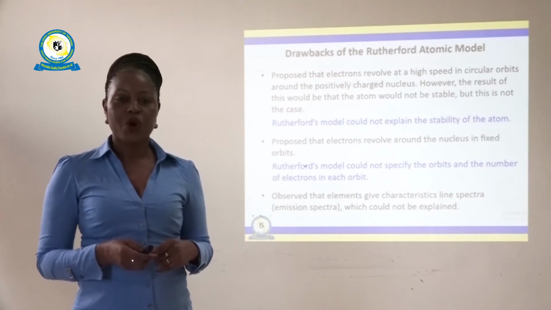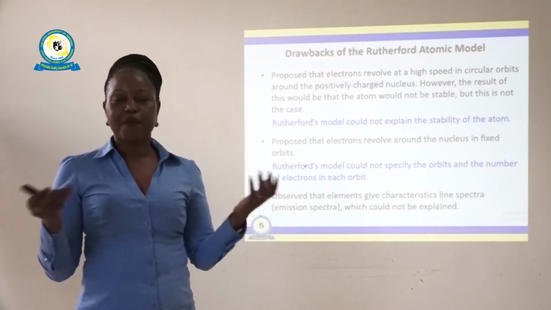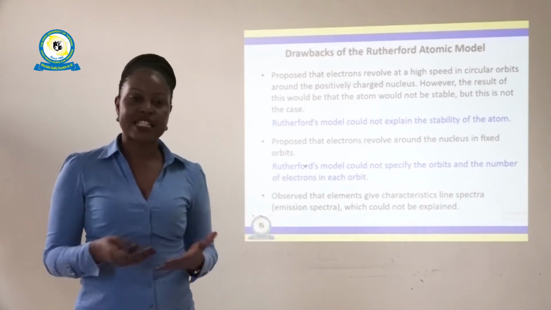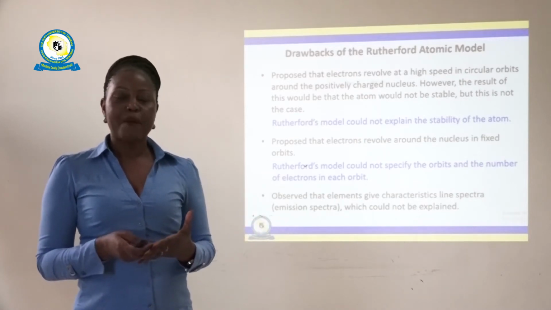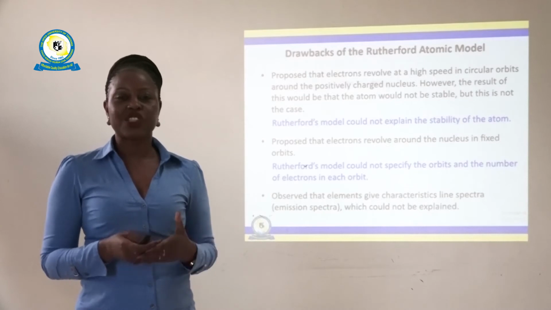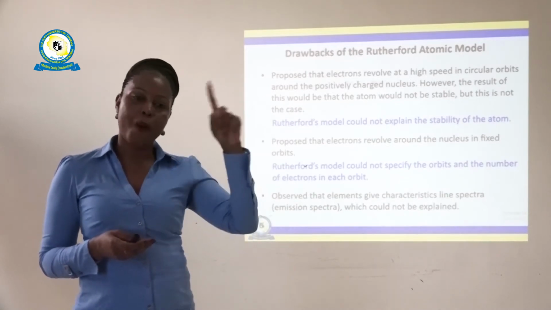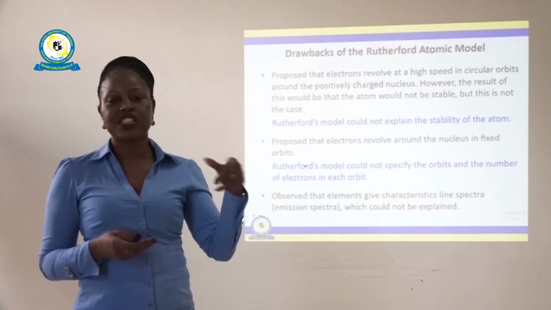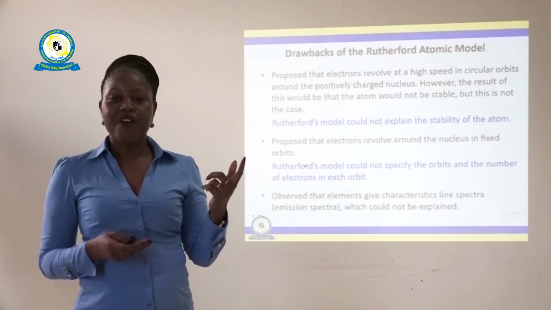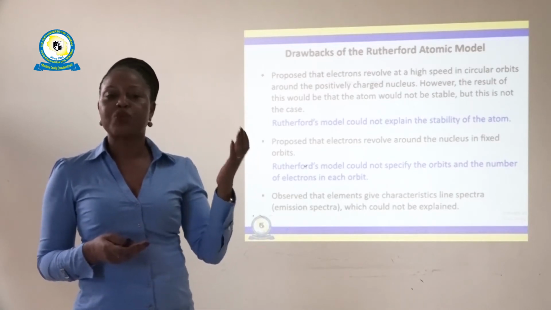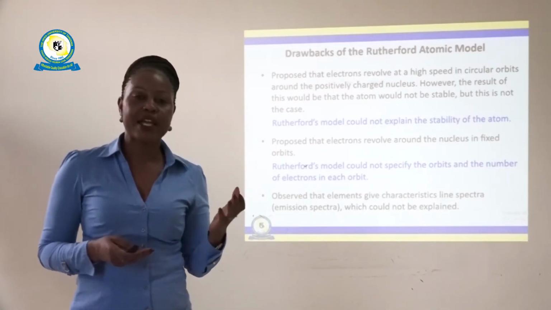Now, this model had some drawbacks, some limitations. For example, the model proposed that electrons revolve at high speed in circular orbits around the positively charged nucleus. However, the result of this would be that an atom would not be stable. Why?